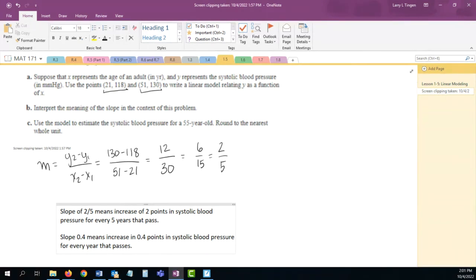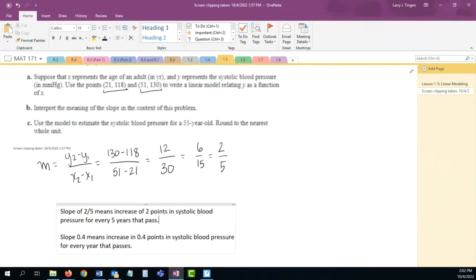Okay. Both of those are valid, but there's the interpretation. I'm going up 2 points in systolic for every 5 years that pass, or I'm going up 2/5 of a point or 0.4 of a point every year. So as we age, our blood pressure tends to go up.